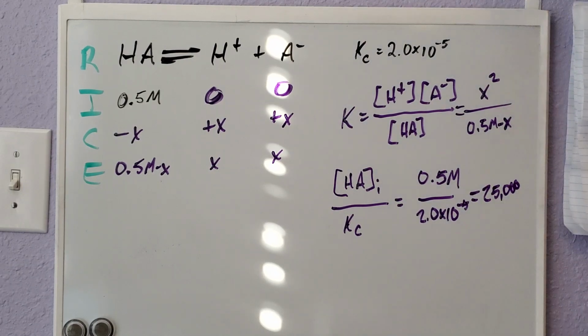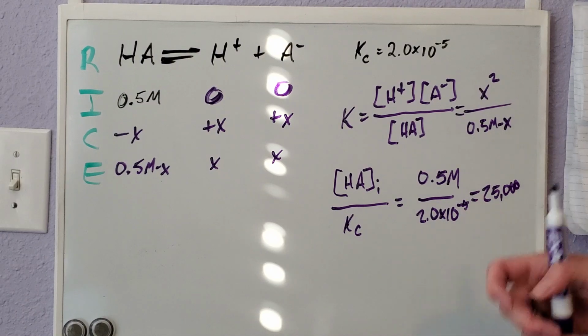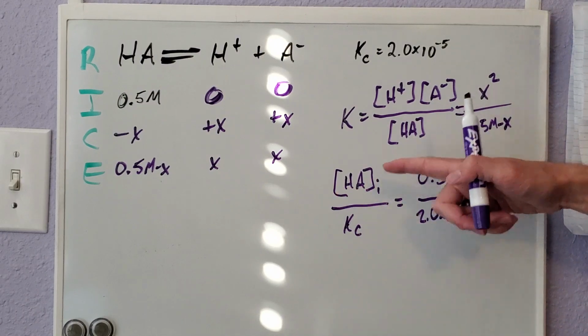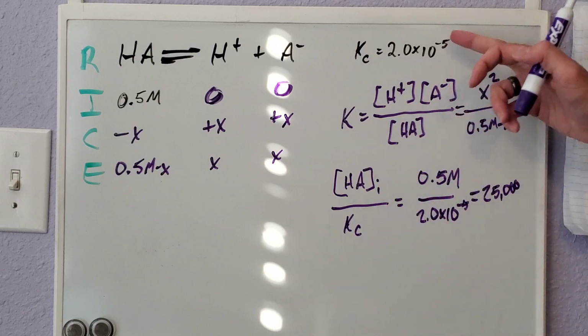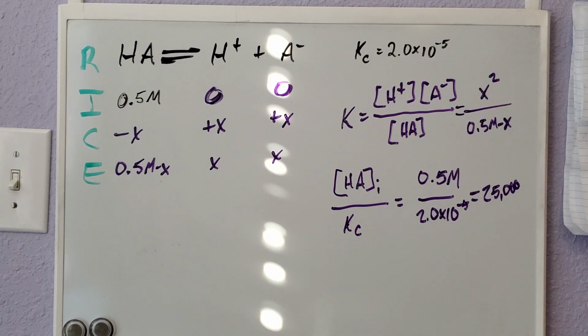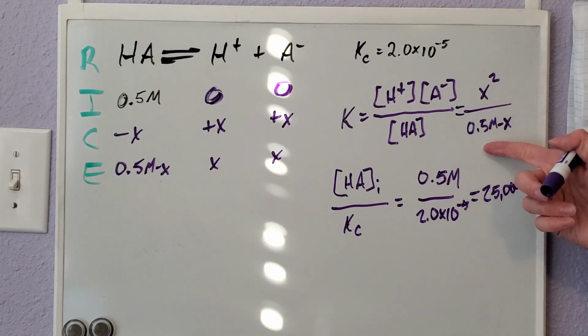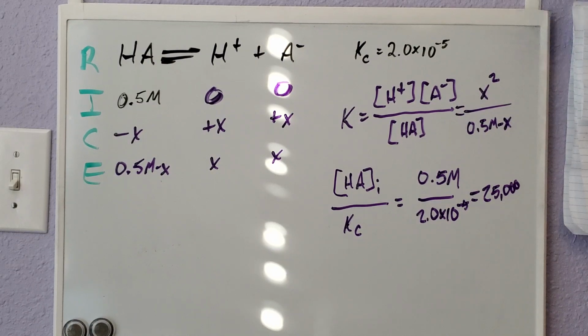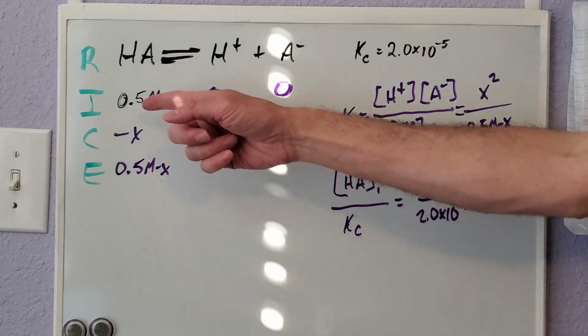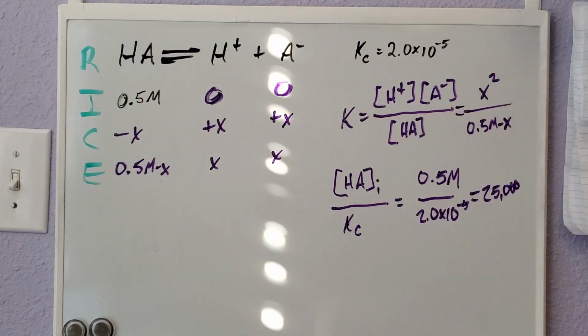And so, general rule of thumb is if this number, the initial concentration of whatever you're looking at divided by the equilibrium constant, is greater than 400, then you can safely assume that this stuff is not going to change too much. What I mean by that is this 0.5 minus x, this x is so tiny that it's not going to have a huge dramatic effect on this initial concentration of 0.5.